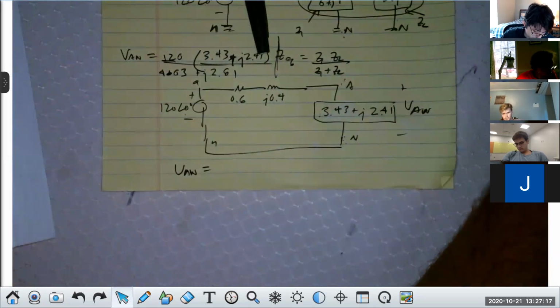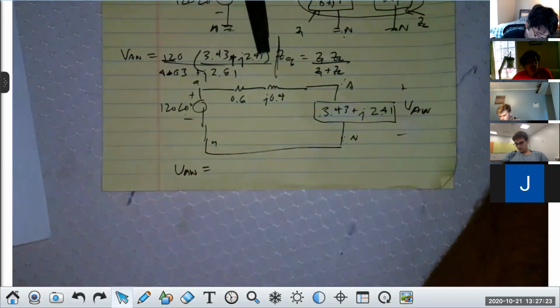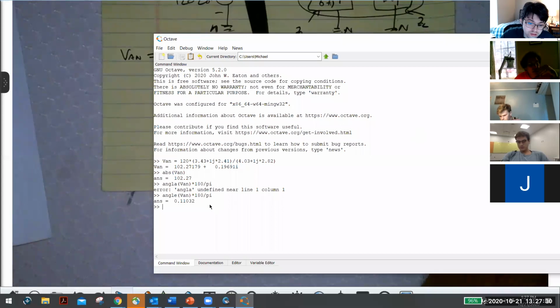So I got 102.391 for the magnitude and an angle of 0.205. I'll show you. You probably got the same thing I got. That's what I got. So my angle is 0.11, and the magnitude is 102.27. I probably rounded up here somewhere. All right, you've got about the same thing, right? Y'all get that, people? Yeah.